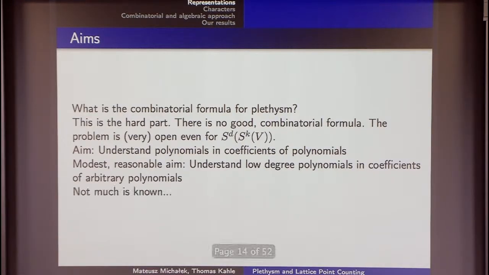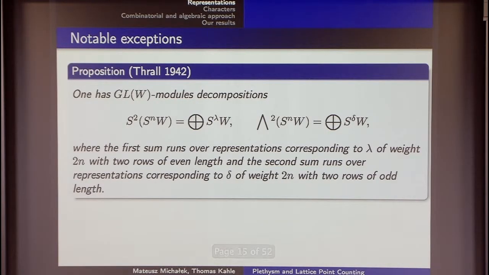And you might be disappointed. Not much is known about this, even for small d's. But not much doesn't mean nothing. So what is known? One of the first results is due to Thrall in 1942. He provided a formula for the second symmetric power of the nth symmetric power.